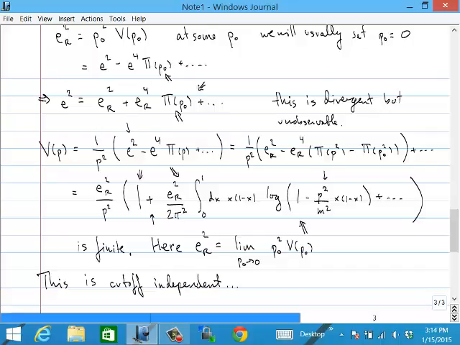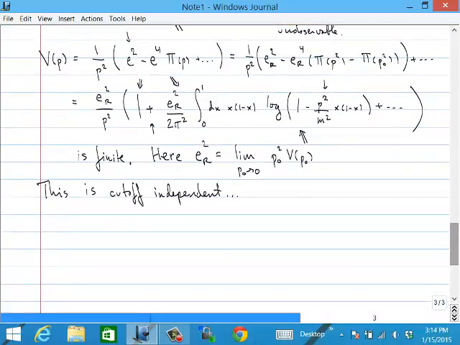Okay. So the first thing that I'd like to do, just to make contact with some physics that you already know, is study this at long distances. That is to say, at very low momenta. At very low momenta, we can go ahead and expand this logarithm.